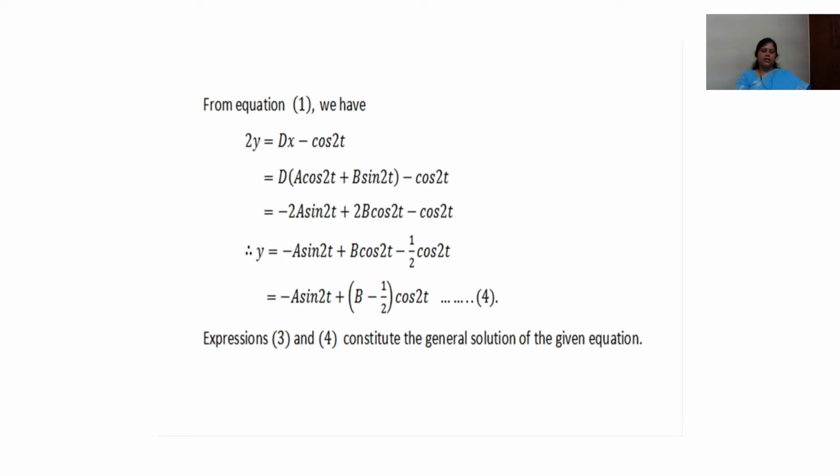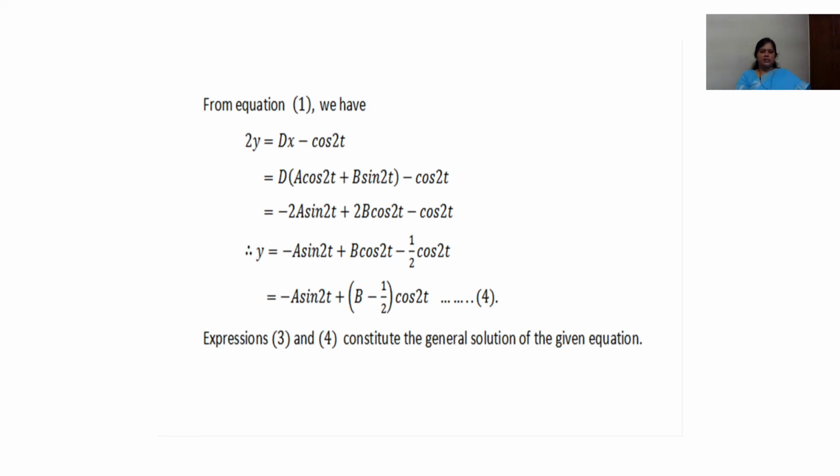So a is a constant, keep it as it is, cos 2t differentiation is minus 2 sin 2t. That's why the first term becomes minus 2a sin 2t. Plus b is a constant, we keep it as it is, sin 2t differentiation is 2 cos 2t. So the second term is 2b cos 2t.